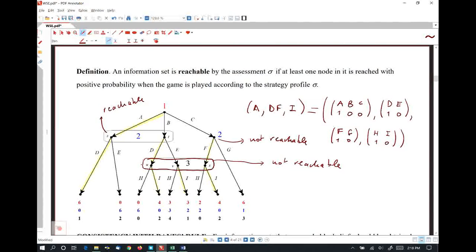Because to get there, you need either players 1 and 2 to play CF, but player 1 is not playing C, or players 1 and 2 to play BD or BE, but player 1 is not playing B. So even though player 2 is planning to play D, since player 1 is not playing B with positive probability, you cannot get to that information set. So the notion of reachable information set is of course dependent on a behavioral strategy profile, and it's easy to determine.